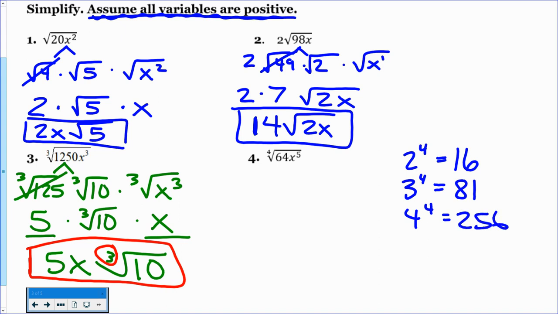It already gets big really fast. So you can write a few of those down. You can write some perfect fifths down. That's my suggestion. And then you're only using those numbers. So I can only look at 16, because 81 is already too big.